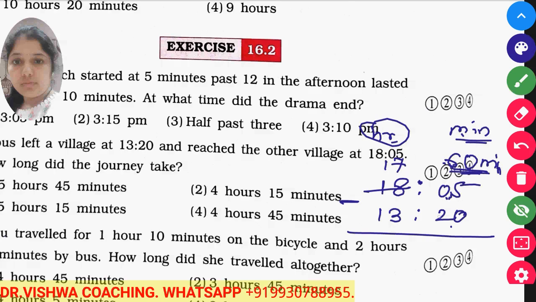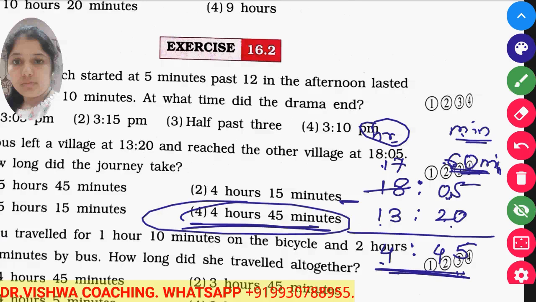Okay. Now subtract 20 from this 65. So 65 minus 20 is equal to 45. And 15 minus 13 is equal to 2. So the bus takes 2 hours and 45 minutes to reach from one village to another village.